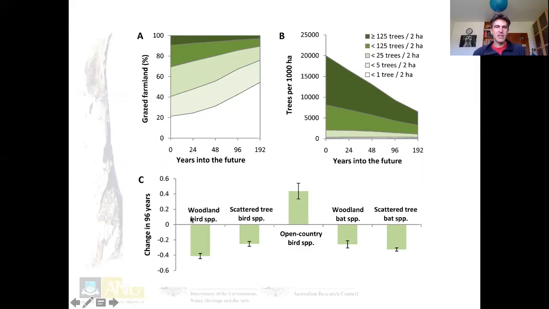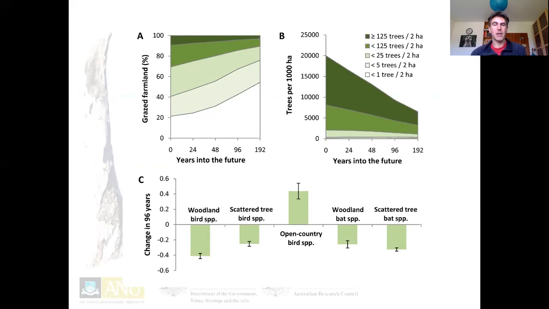Over the next 100 years, then, we expect that woodland species, the bird species that need denser woodland vegetation, would decline by 40%. We're expecting that the bird species that use scattered trees will decline by something like 30%.